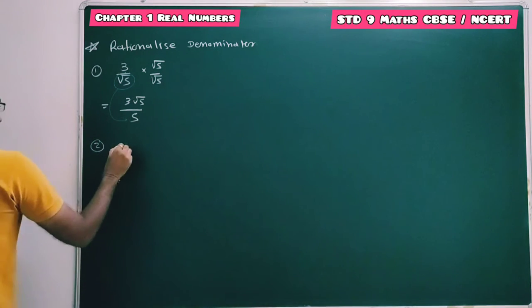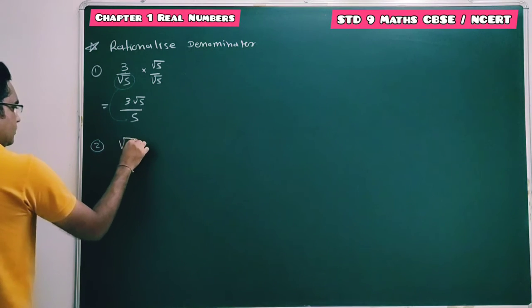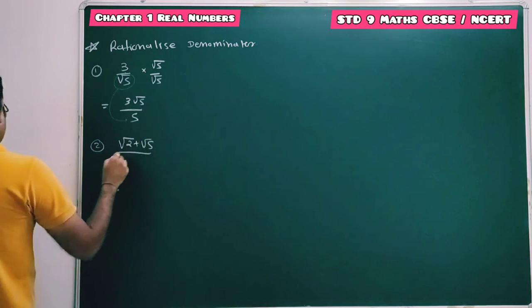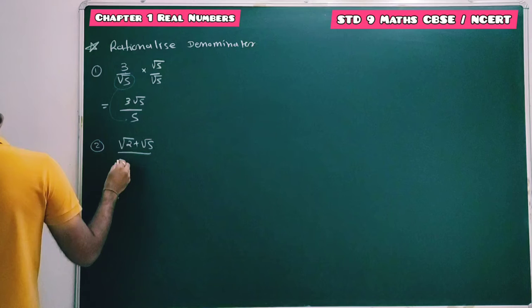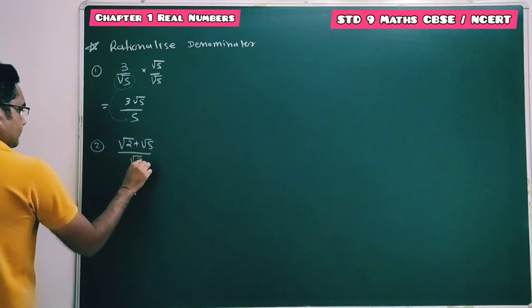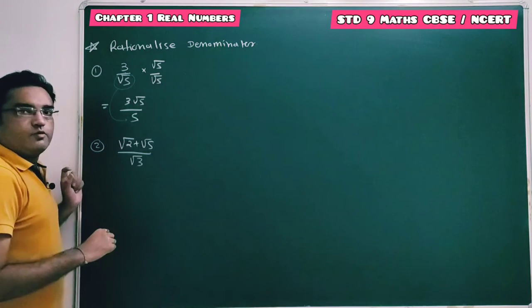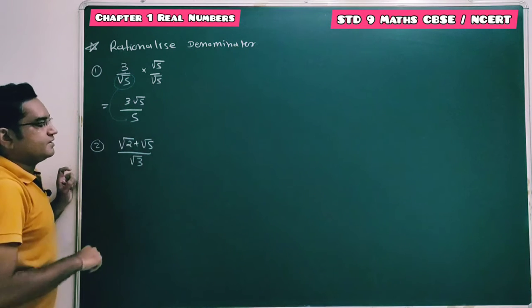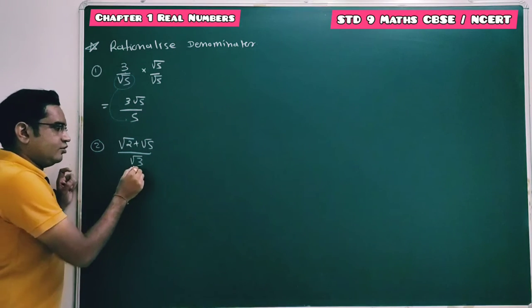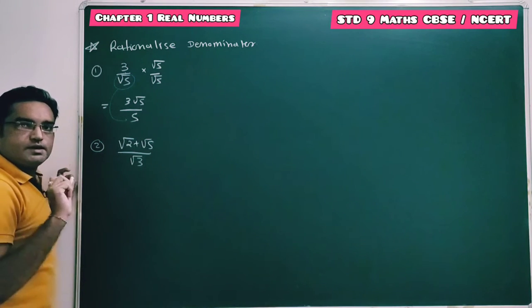Now one more question. Here we are given root 2 plus root 5 divided by root 3. Perform rationalization of denominator. Here the denominator is root 3, which is an irrational number.